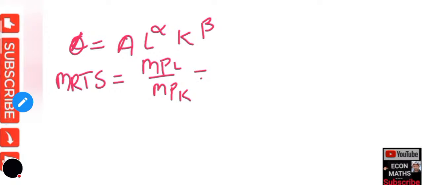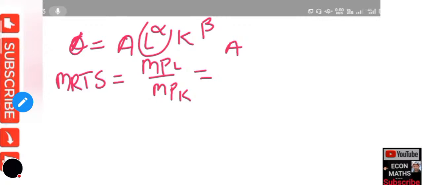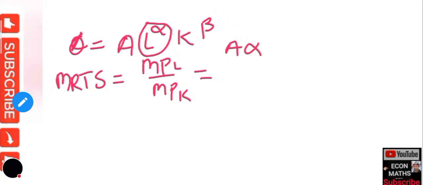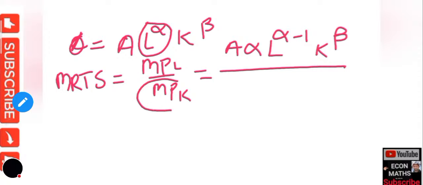That means this is the first derivative with respect to L. We write A as the same. The derivative of L to the power alpha is alpha L to the power alpha minus 1, times K to the power beta, divided by the derivative of the production function with respect to K, which gives us the marginal productivity of capital.